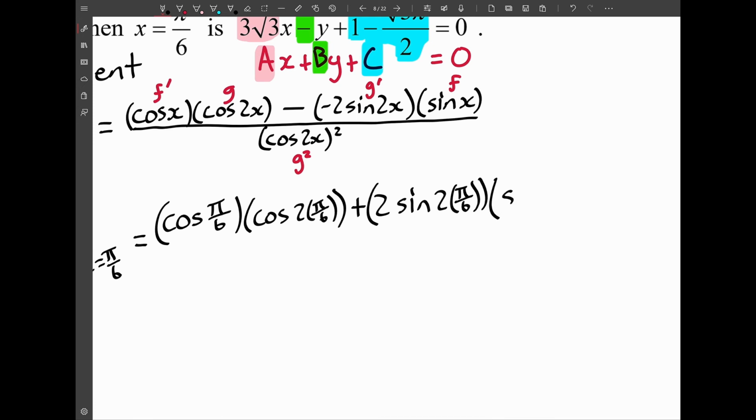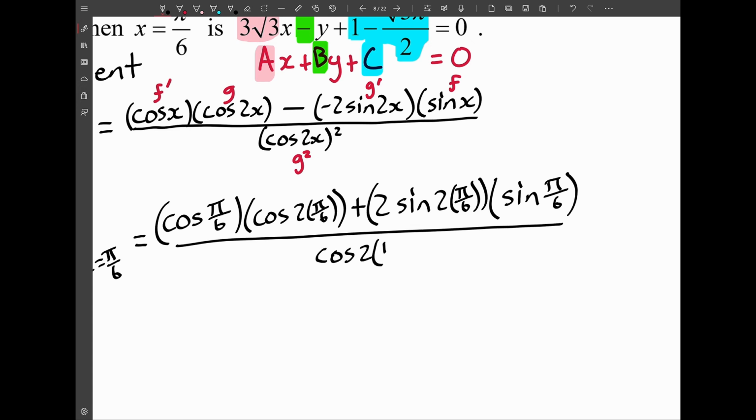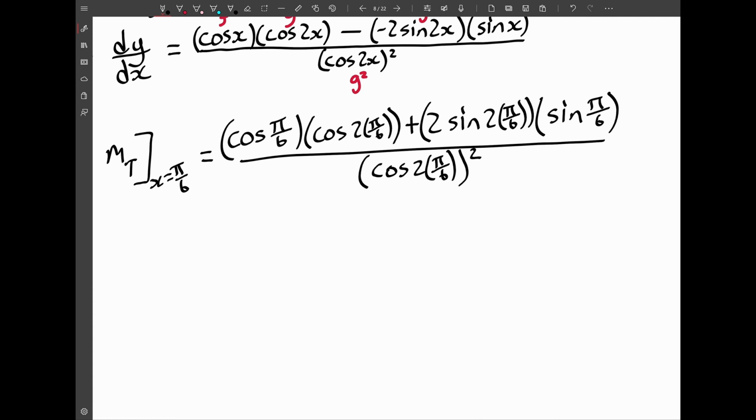And finally, sine pi over 6 all over cosine of 2 times pi over 6 all squared. Whew. Okay. Now it seems like a lot, but don't worry, it simplifies pretty quickly.